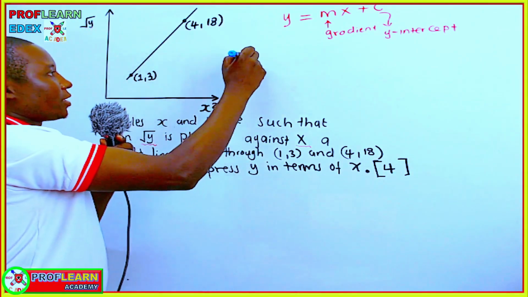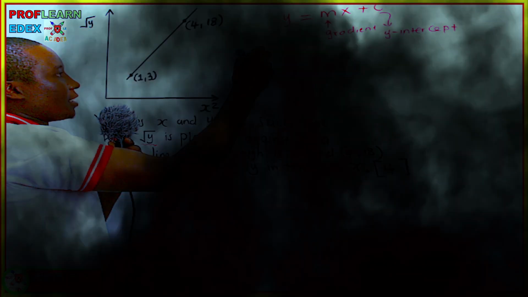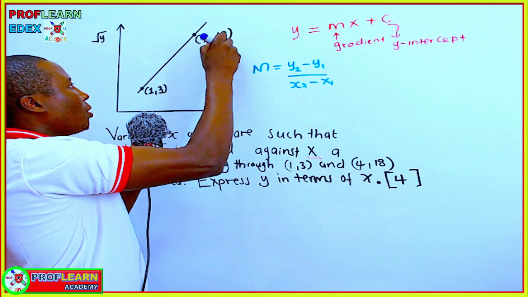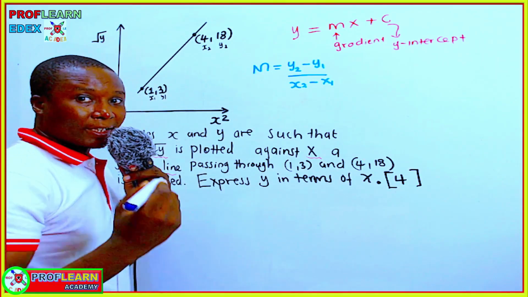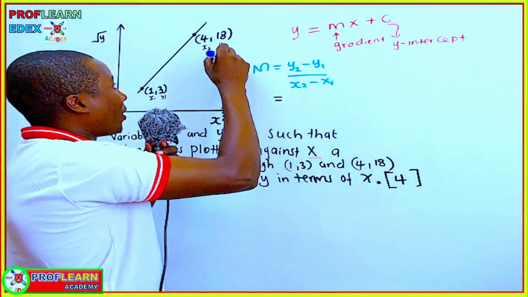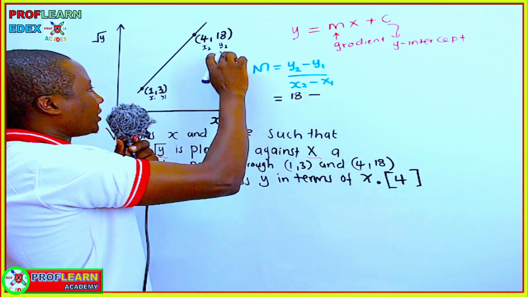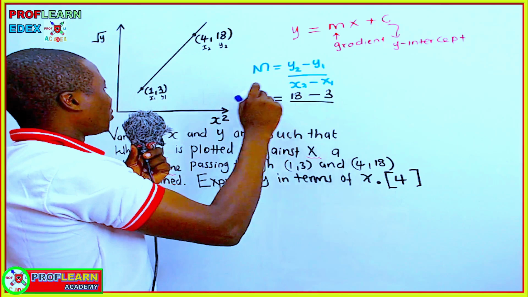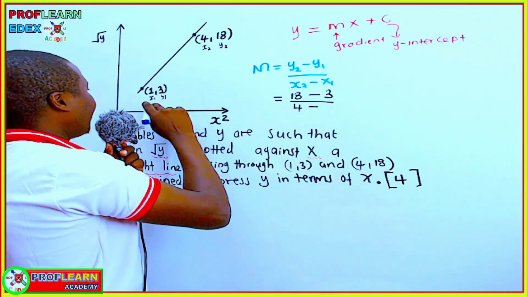From this point, we know that m is the gradient, which is y2 minus y1 over x2 minus x1. We call this point x2, y2, and this one x1, y1. So y2 is 18 minus y1, which is 3, over x2, which is 4, minus x1, which is 1.